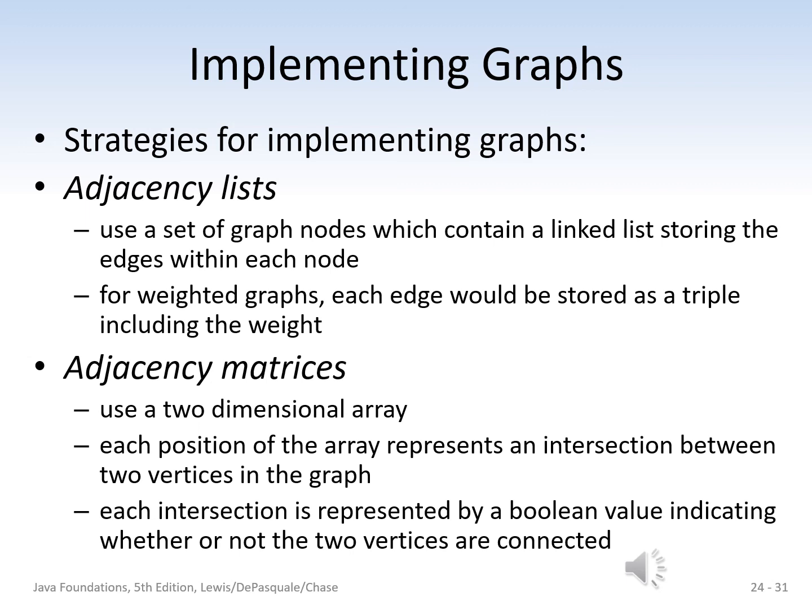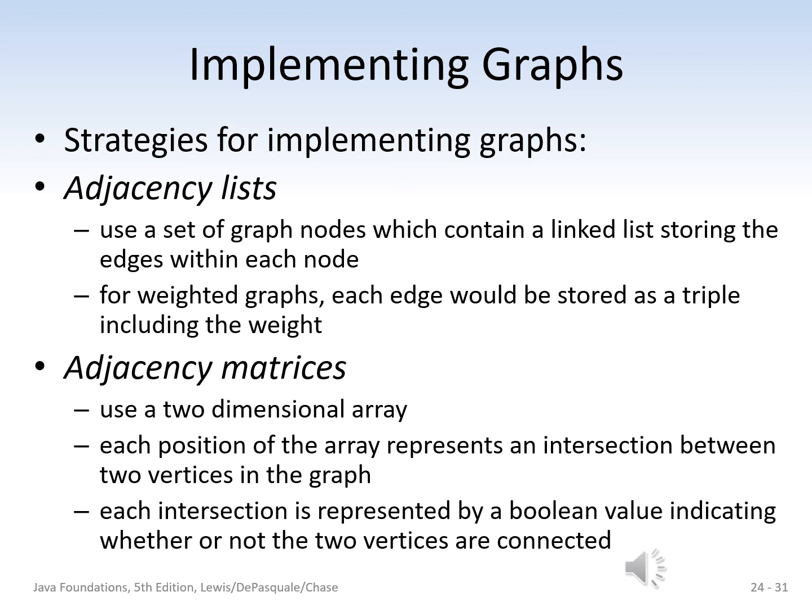Here we have two strategies for implementing graphs. First is adjacency lists, and the second is adjacency matrices. With an adjacency list, we use a set of graph nodes, and each graph node contains a linked list storing the edges within the node.